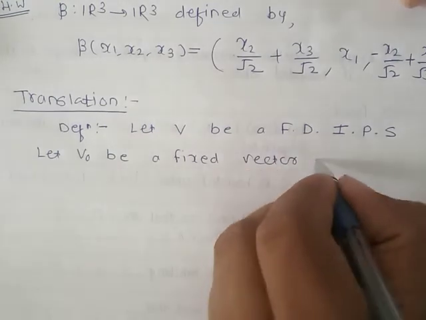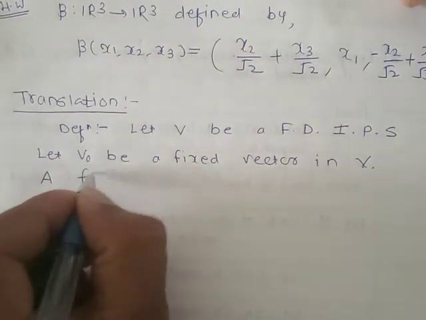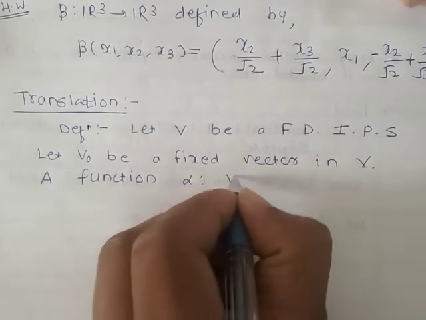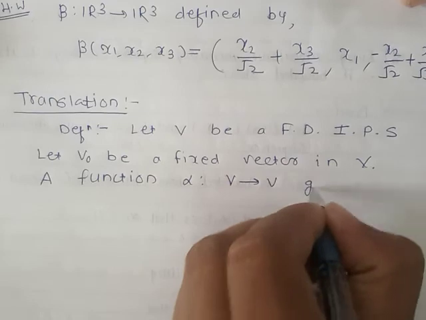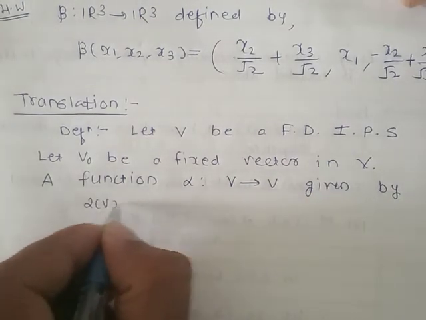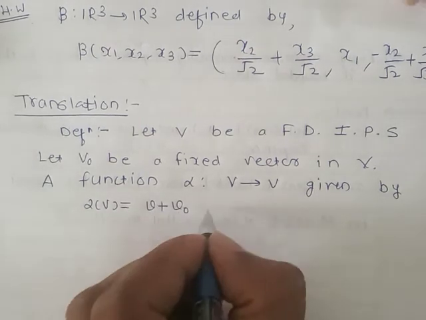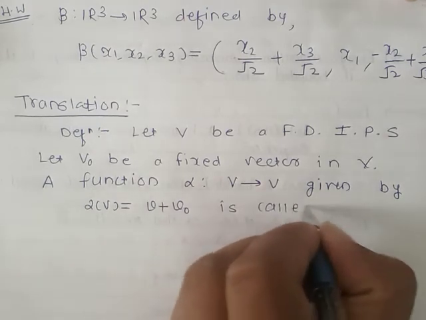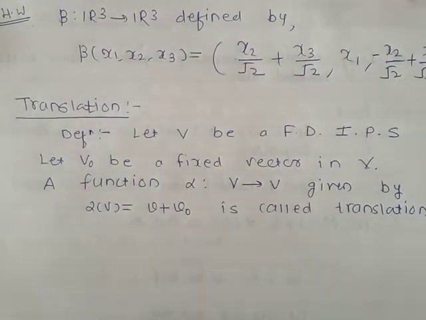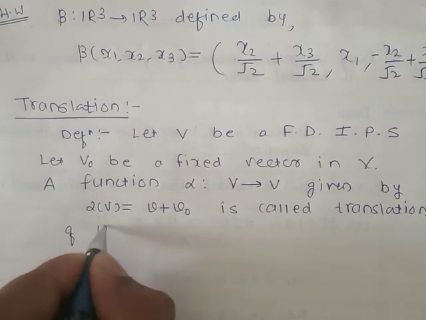Let V0 be a fixed vector in V. A function alpha from V to V given by alpha of V is equal to V plus V0 is called translation of V.